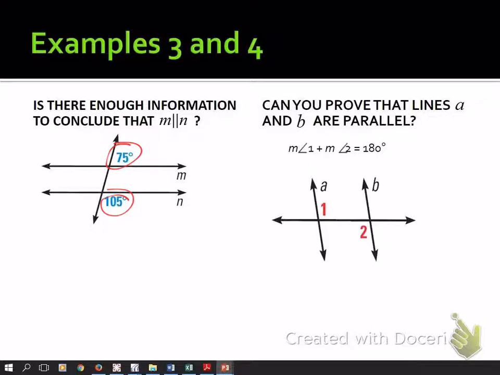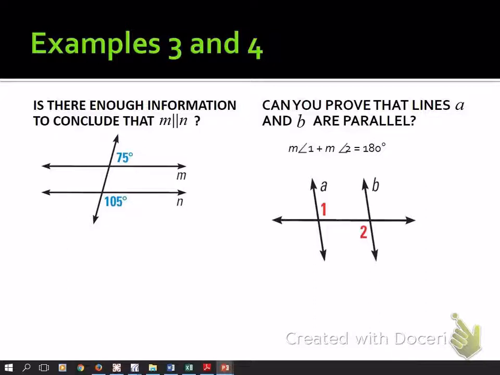So what angle pair are these two, the 75 and the 105? No, they're not corresponding. They're not alternate exterior. There actually isn't a relationship. We briefly have mentioned same side exterior angles, but not anything that we're going to really use a whole lot in this class. So not any of the relationships that we've dealt with so far.